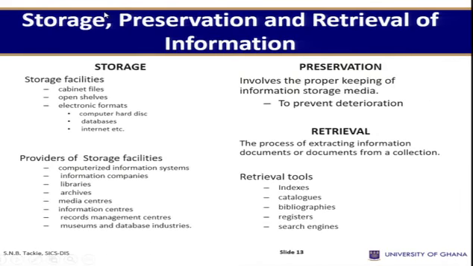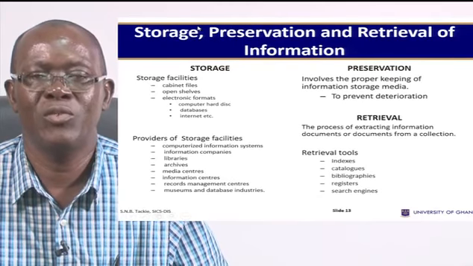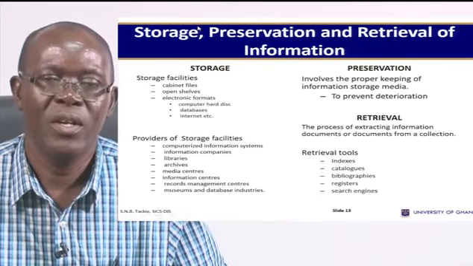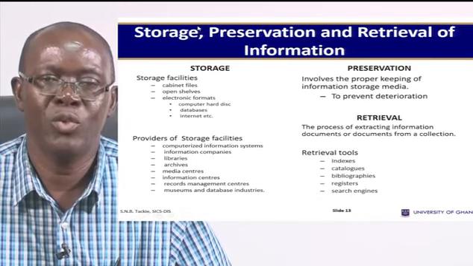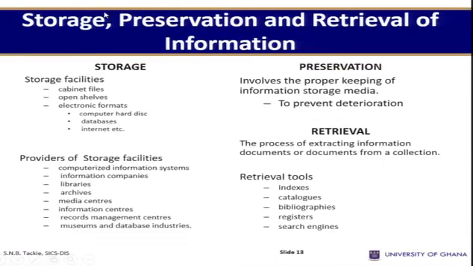And as I said, once you store the information and you preserve it, it may become necessary or important to somebody at a certain time. And so the information has to be retrieved for the individual who needs the information. And retrieval tools that can be used include indexes, catalogs, bibliographies, registers, search engines.